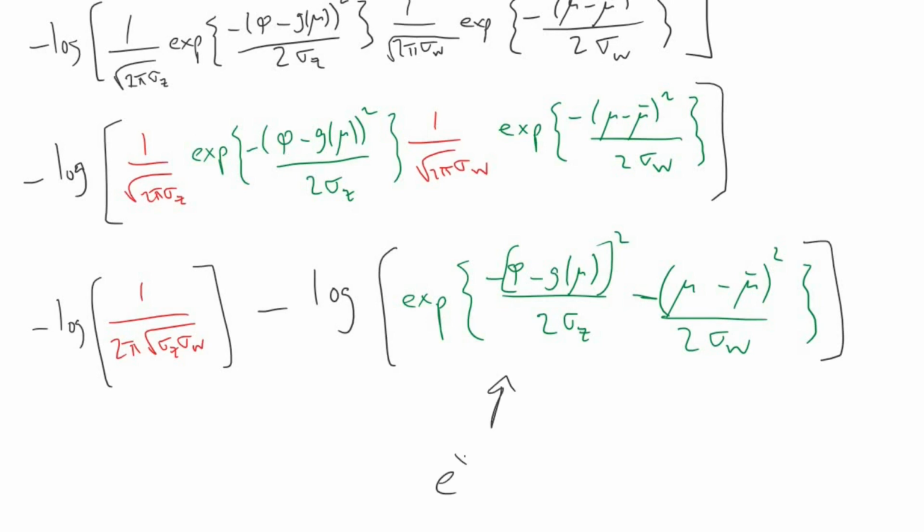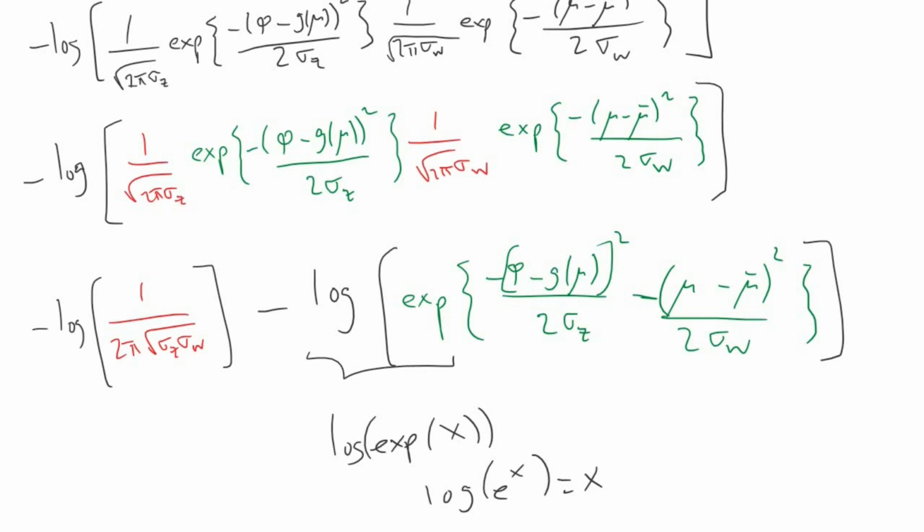And remember, if you have e^x times e^y, what you'll get is e^(x+y). And that's why I've summed the terms that are here and here. Also note that log of e to the power x is just x. And so the log and the x here cancel out.